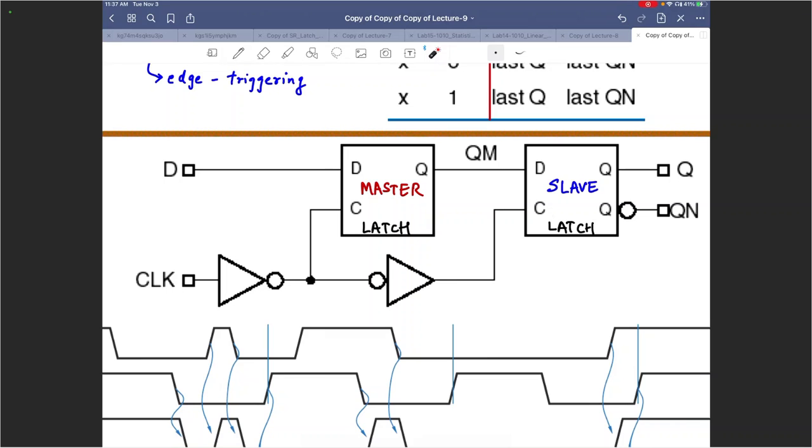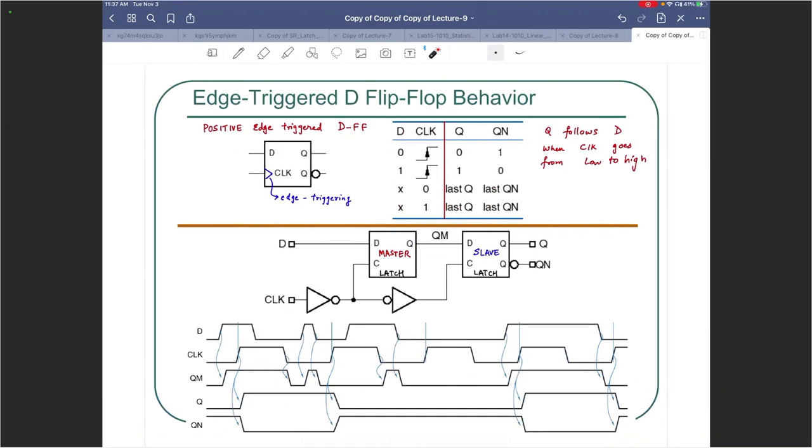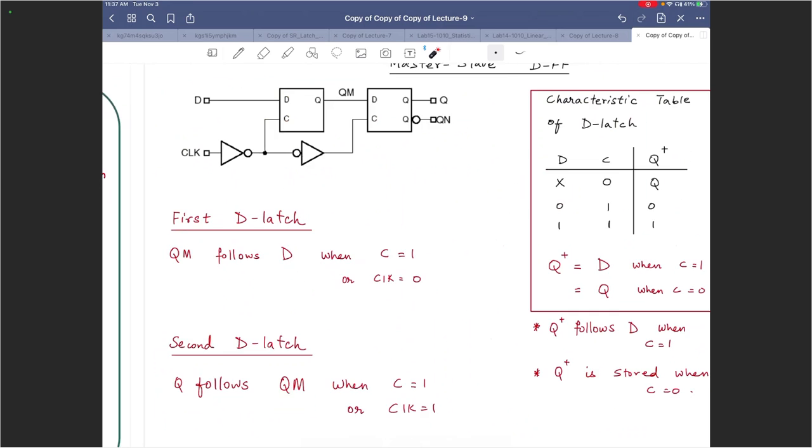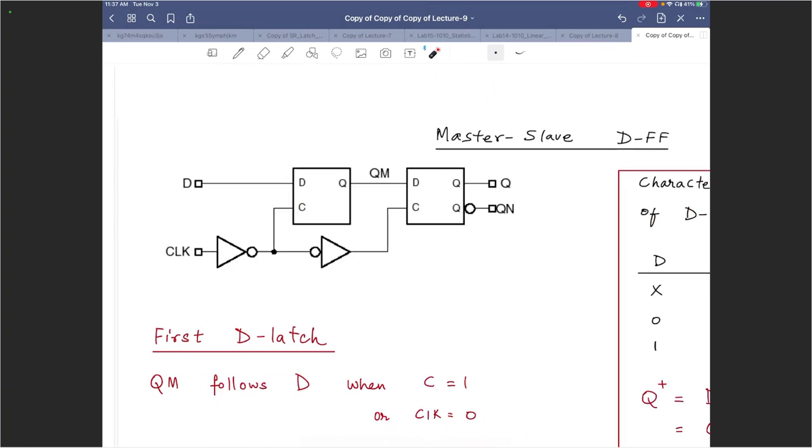That's my claim. So what I'm going to do first is start off with the analysis of the master slave D flip-flop.